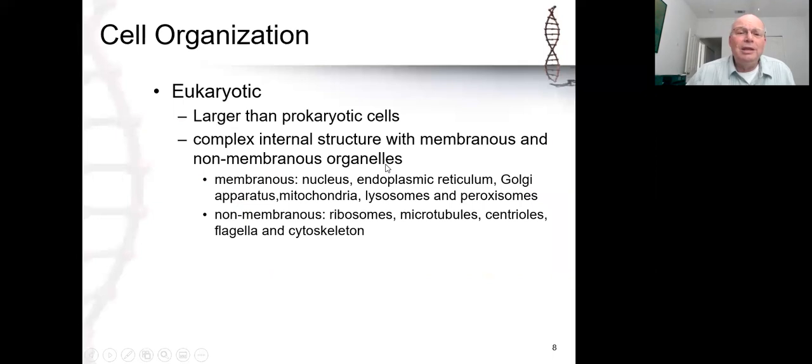So when we start looking at eukaryotic cells, the first thing that becomes obvious is that eukaryotic cells are significantly larger than prokaryotic cells. Now, that is a generalization.